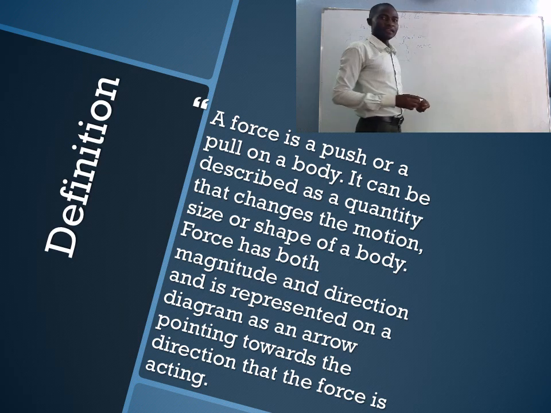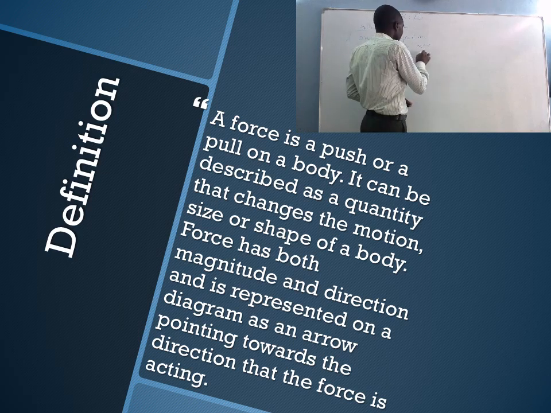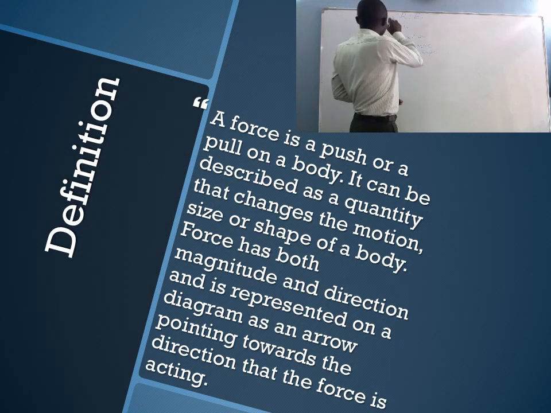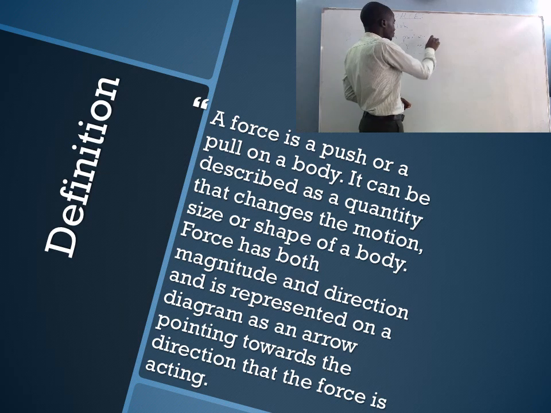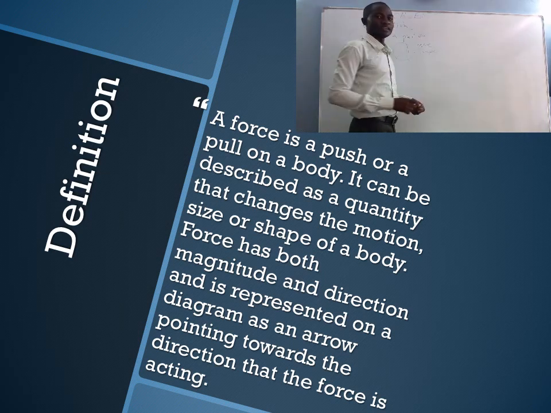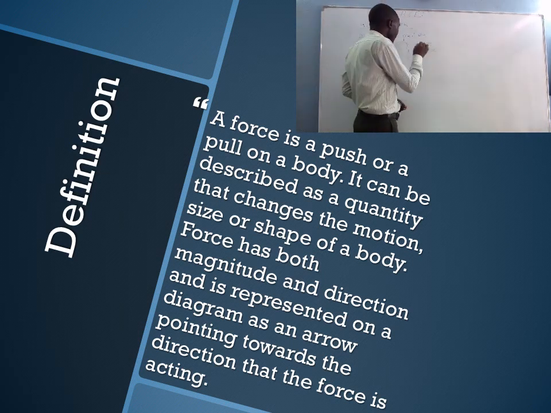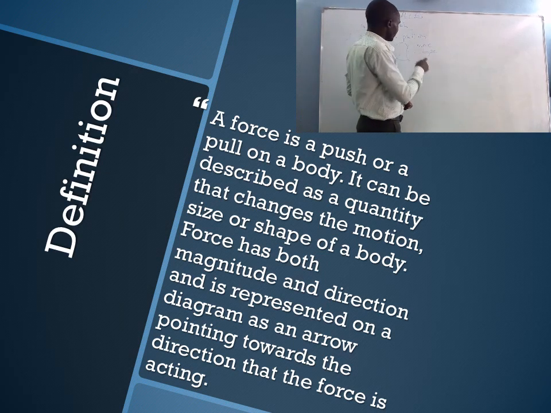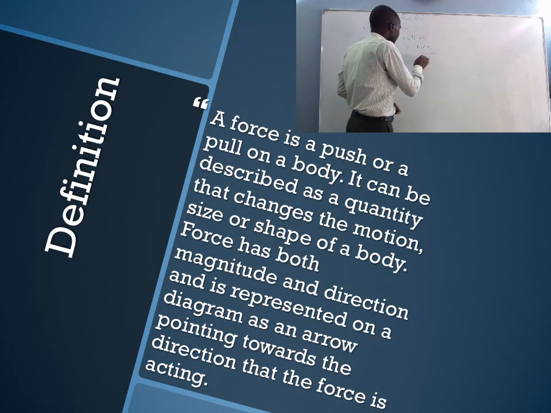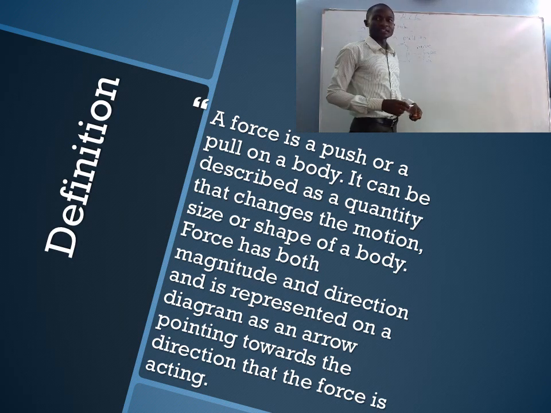Secondly, its shape can change. So the force applied on the ball has an effect of causing it to move or changing its shape. And thirdly, if neither of the two happens, then its size will be affected.